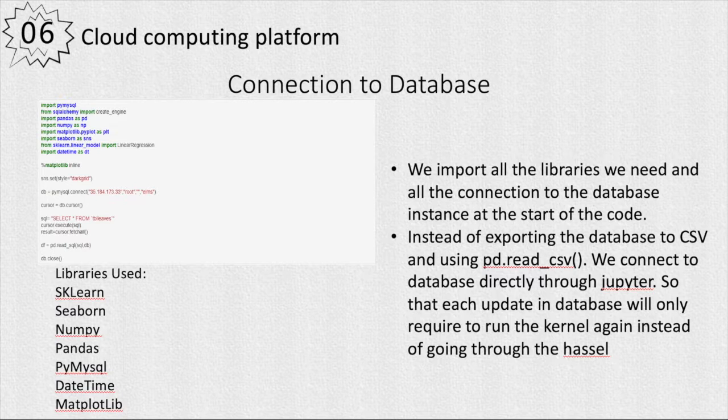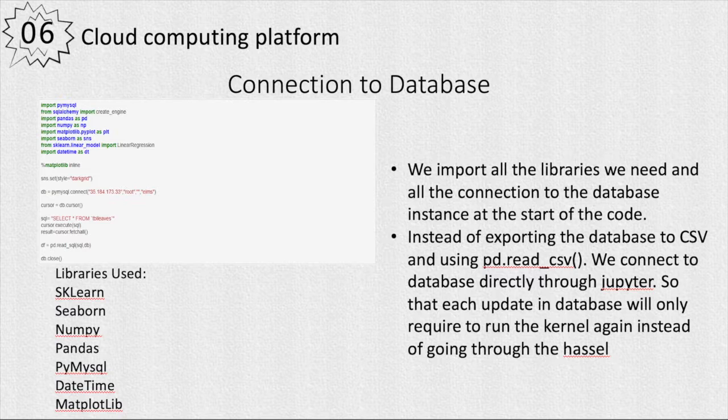But after some research, we decided to access our database instance directly from the Jupyter Notebook. Here we can see that PyMySQL is imported to establish the connection between the database instance and the Jupyter Notebook, and the SQL query select all from the table leaves retrieves all the information from the leave table and processes it.